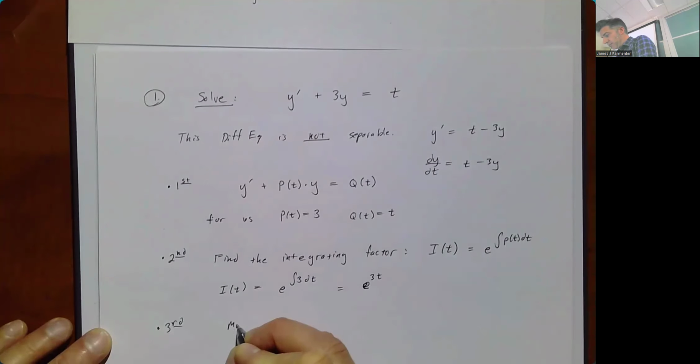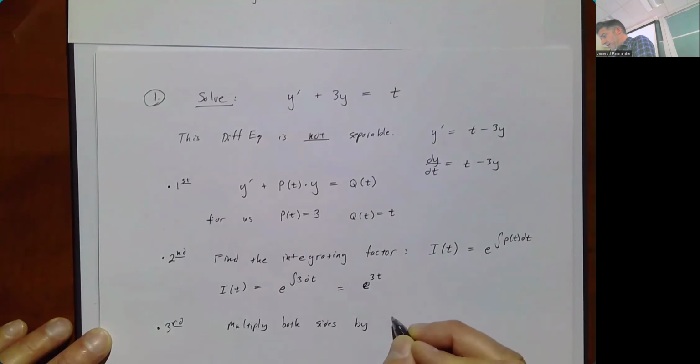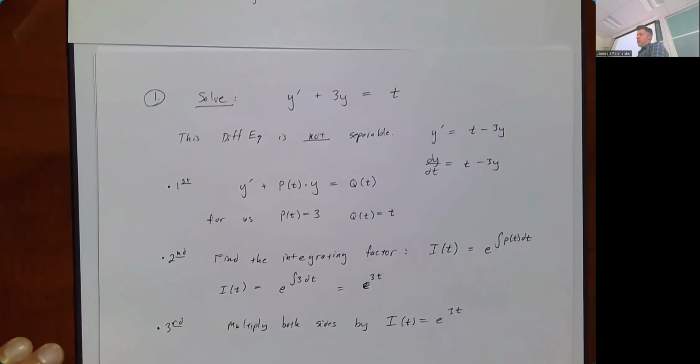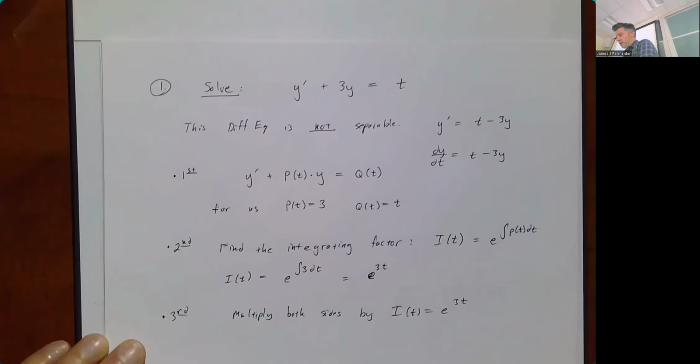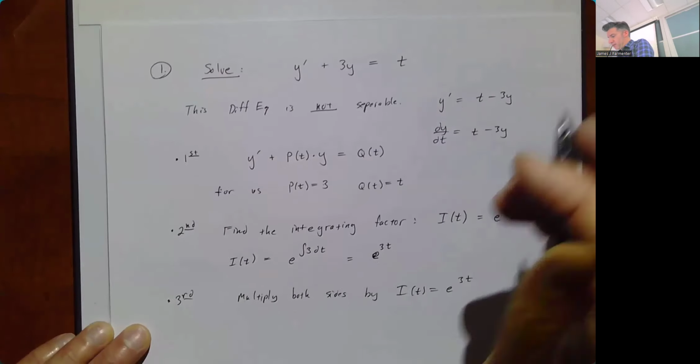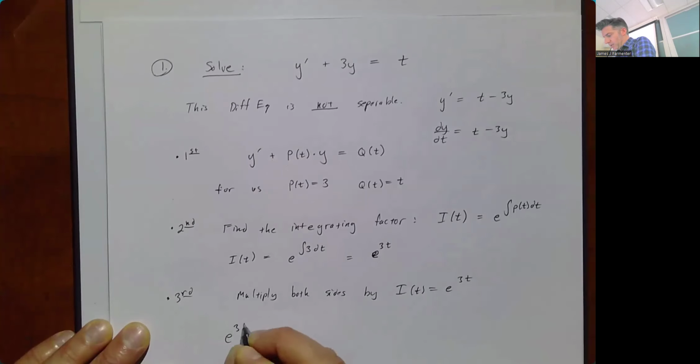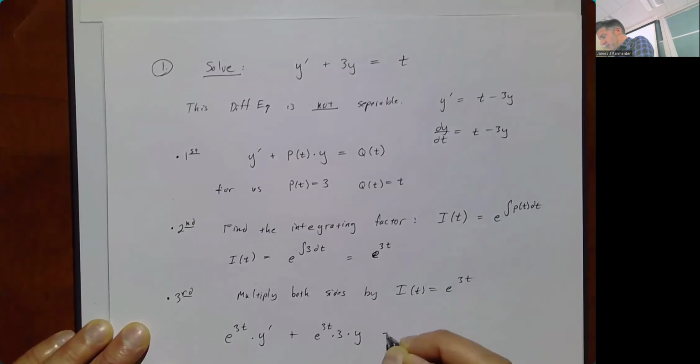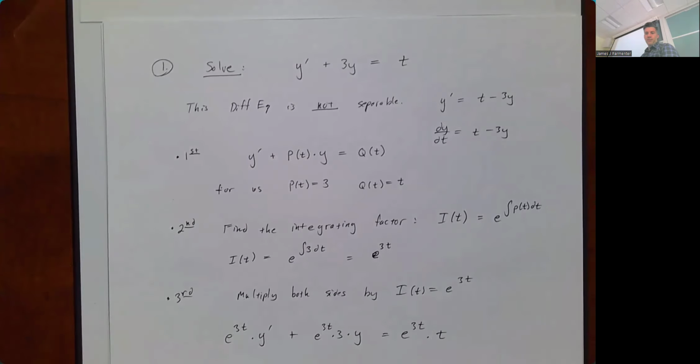So I'm going to say that I have e to the 3t times y prime plus e to the 3t times 3 times y equal to e to the 3t times t.